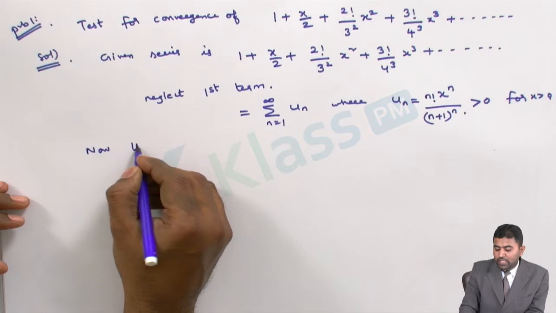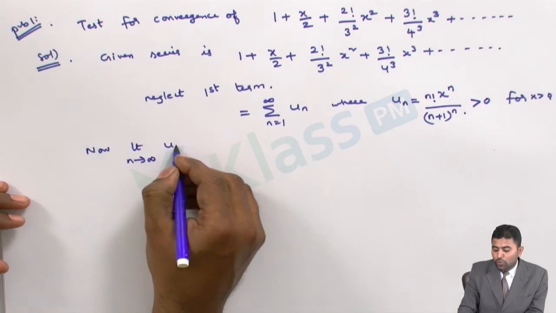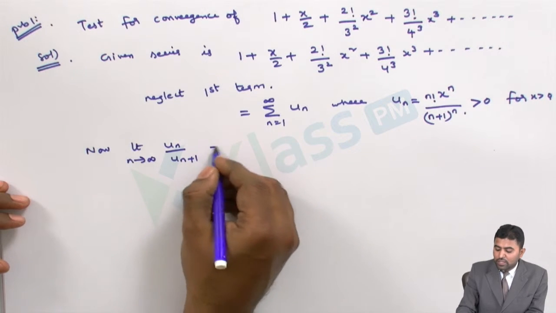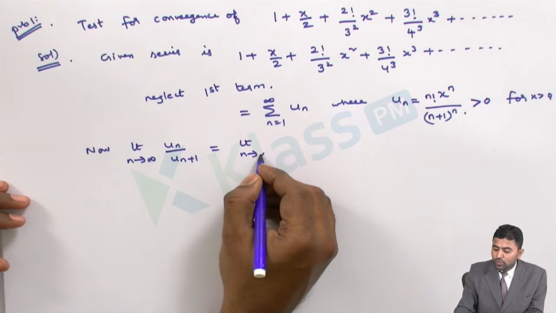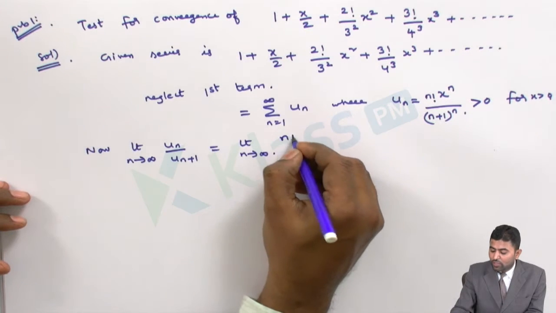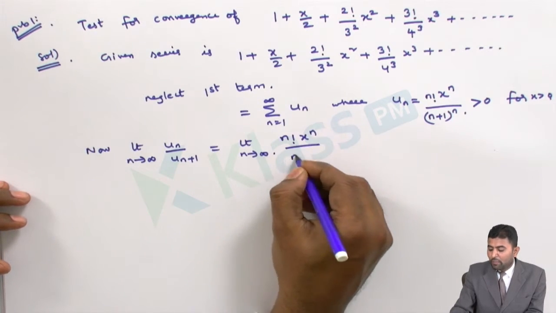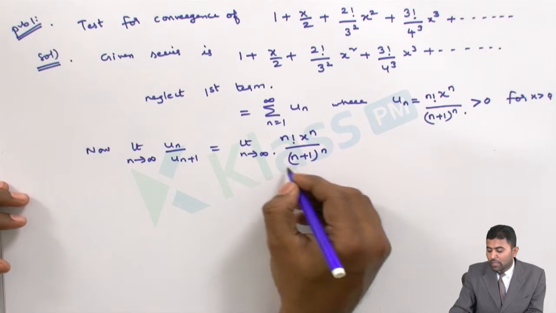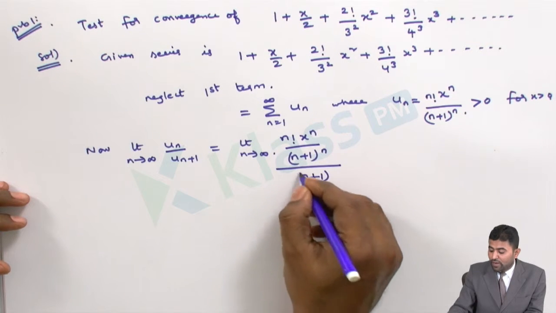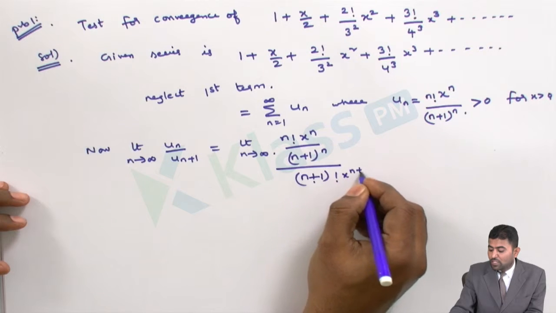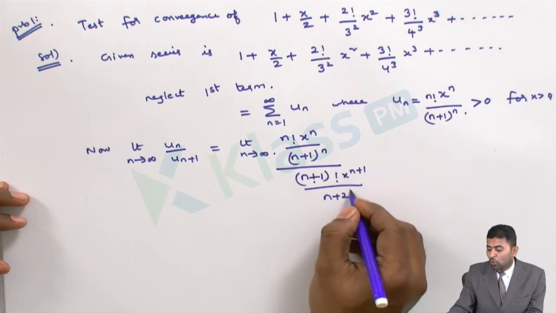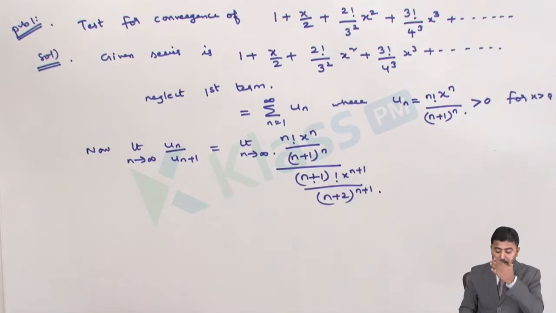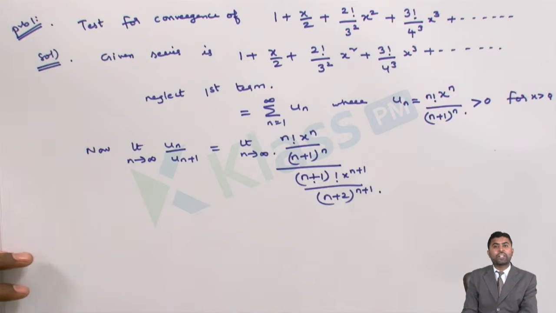Now limit n tends to infinity, un by un plus 1 is equal to limit n tends to infinity, n factorial x power n by n plus 1 whole power n by n plus 1 factorial into x power n plus 1 by n plus 2 whole power n plus 1. Right?